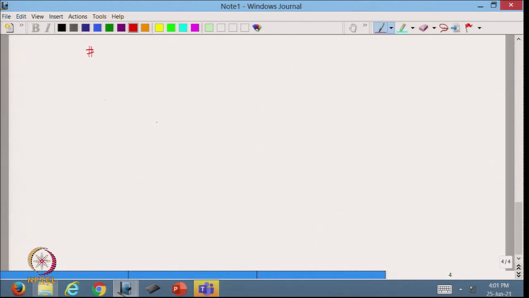Now, this one we can see very clearly, since U is a subspace of V. So, I can say that U is a proper subset of V.